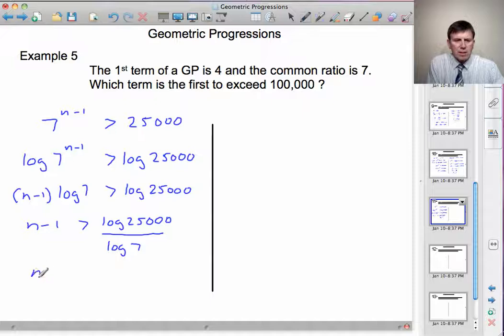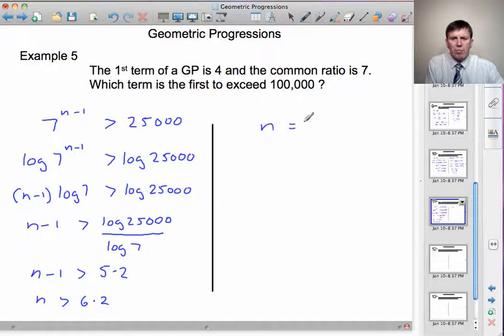And if we put that into the calculator, we end up with n minus 1 is greater than 5.2. Which means that n is greater than, take the 1 the other side becomes positive, n is greater than 6.2. But n is a whole number, so n must be 7. That's the first term that exceeds 100,000.